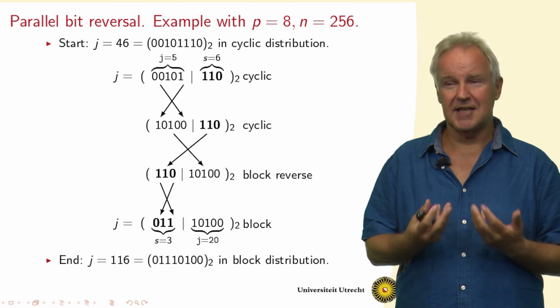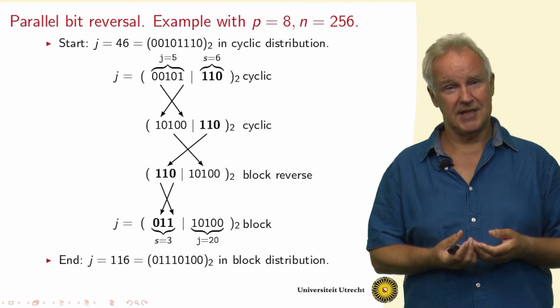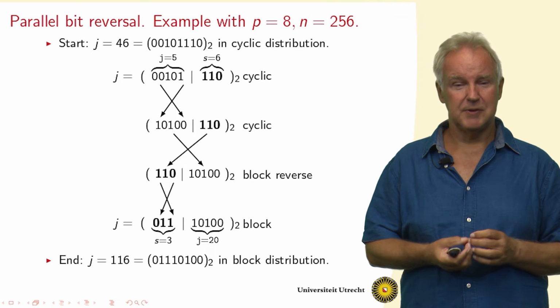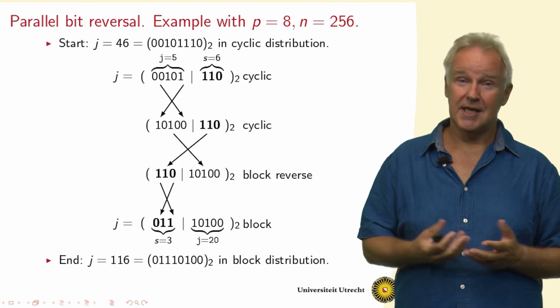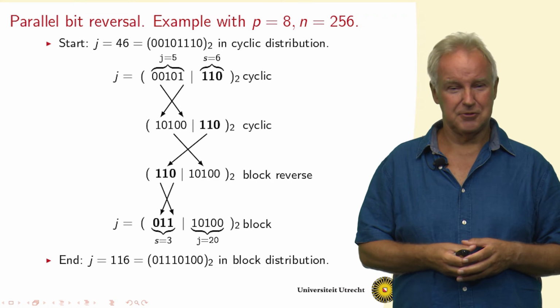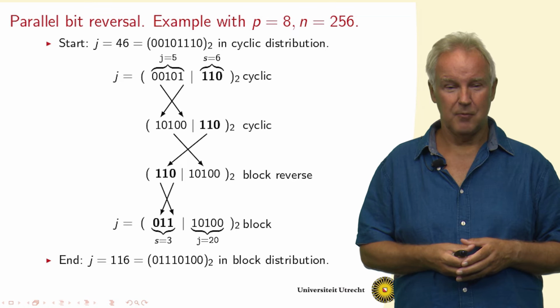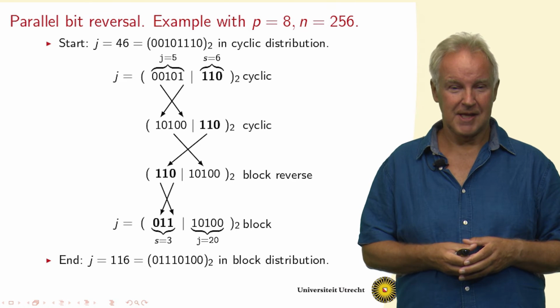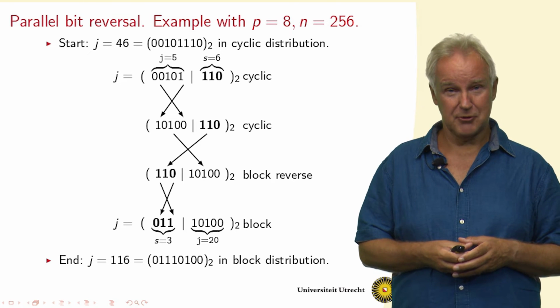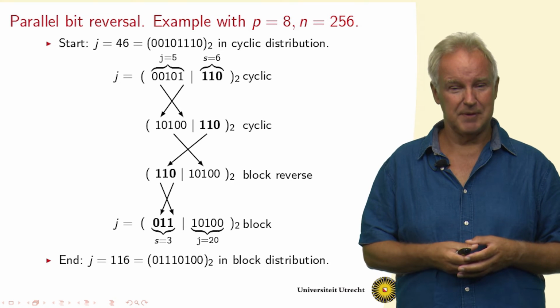And we'll just take a component xj, where j is 46. In binary, it is written as 00101110. And the little subscript 2 means this is a binary number.